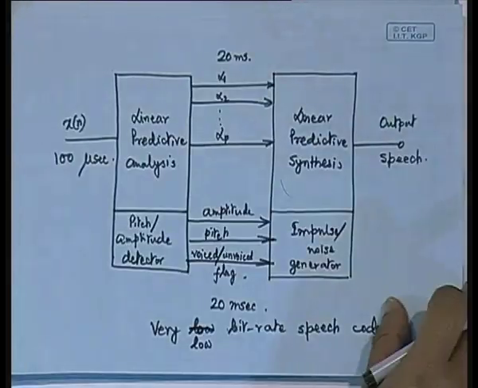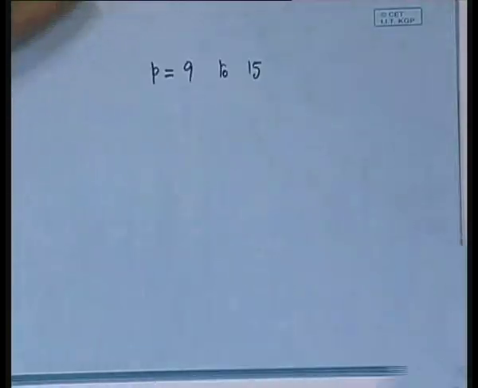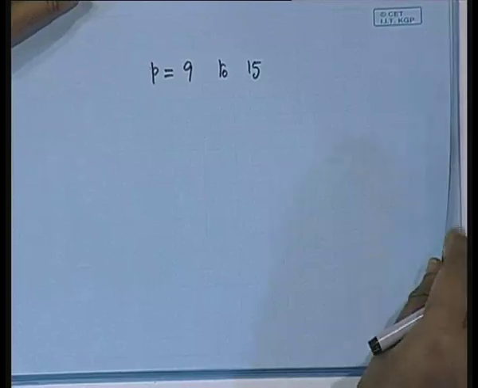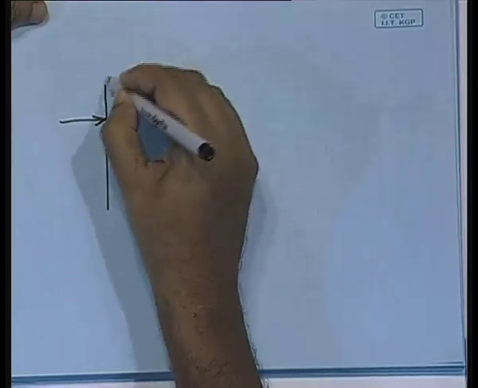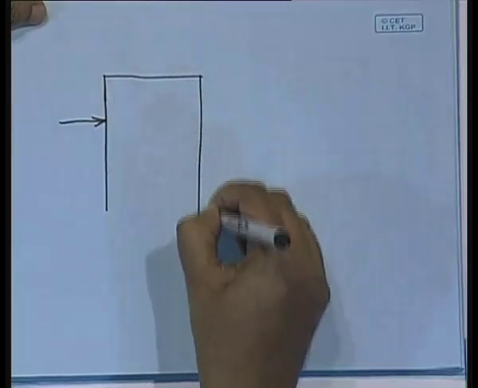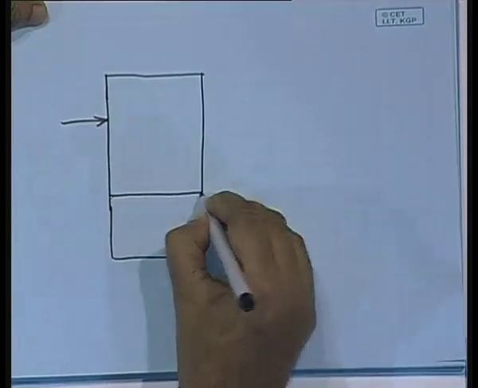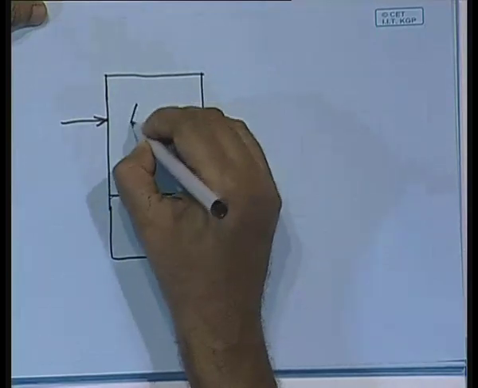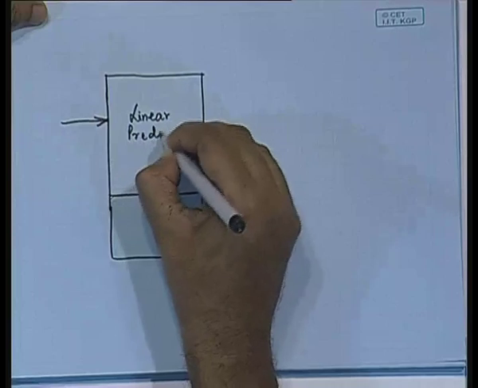So with that we will have a little change in the block diagram. There, x of n should be the input, and as before we are going to have our block as the linear predictive analysis and the pitch and amplitude detector.